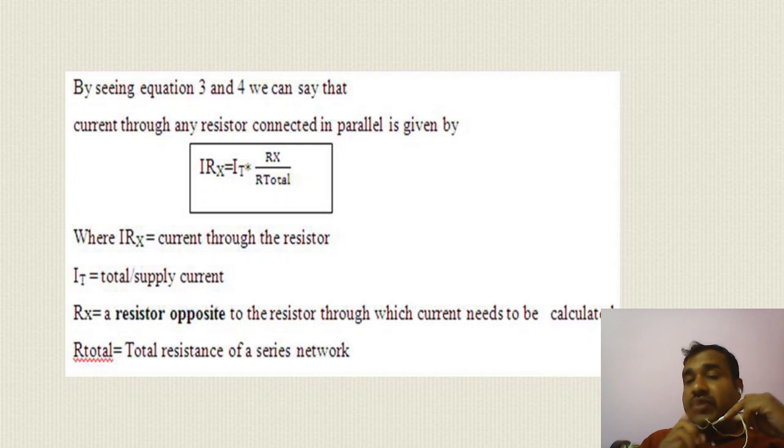In the current division rule, you should remember, we are taking the opposite resistance. In the voltage division rule, we are taking the same resistance. That's the difference. And R total is the total resistance of the network; for a series network, we take R1 plus R2, the same thing.